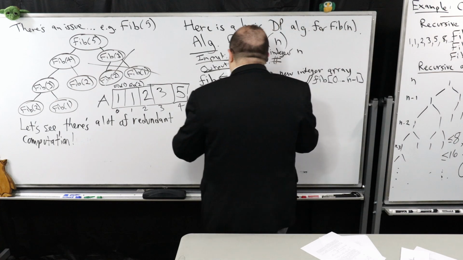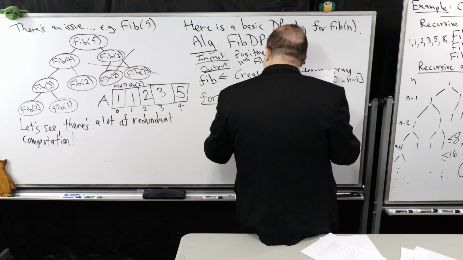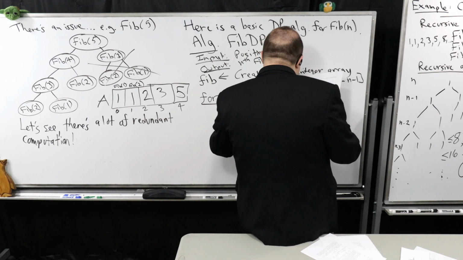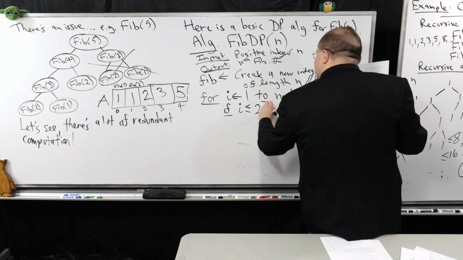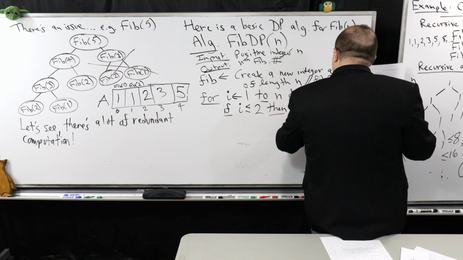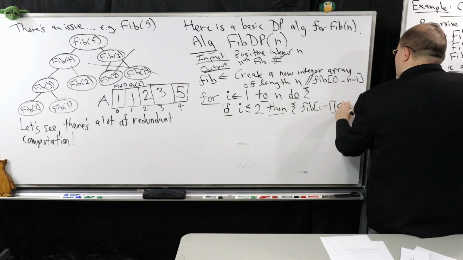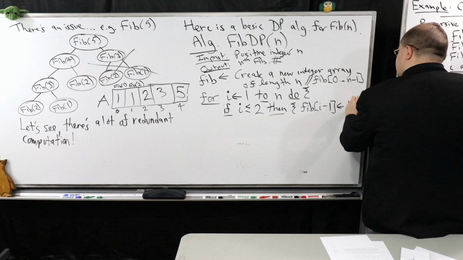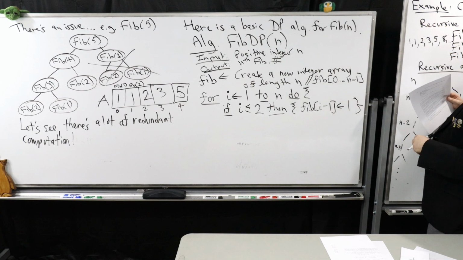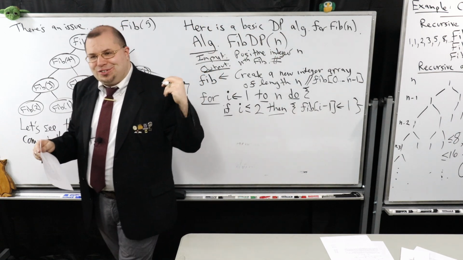I'm just going to put it all together to emphasize the recursive definition embedded inside of this algorithm. So if i is less than or equal to 2, then I'm just going to assign fib of i minus 1 to be 1. I'm just starting off by putting in my base cases, filling them into those first two spots.